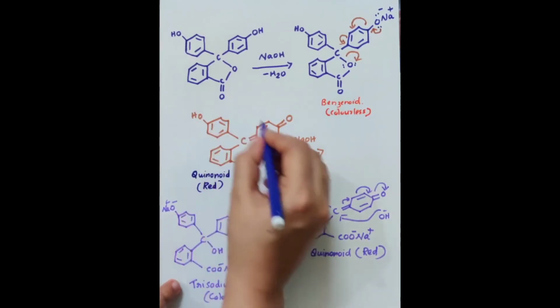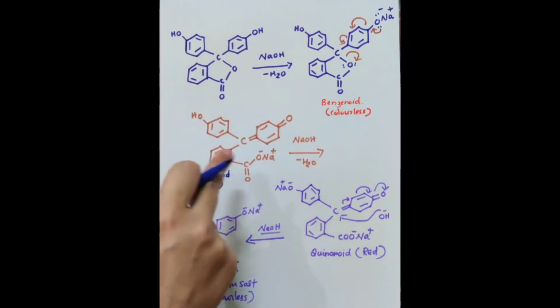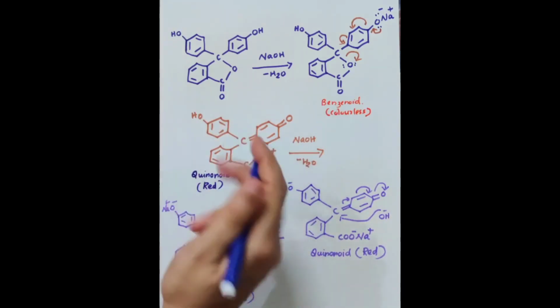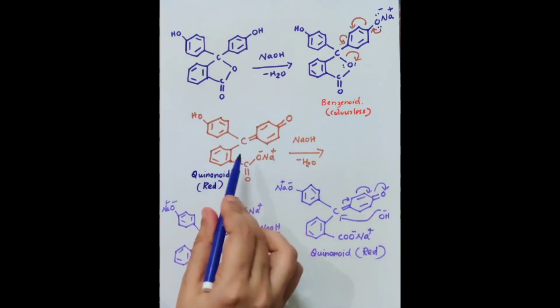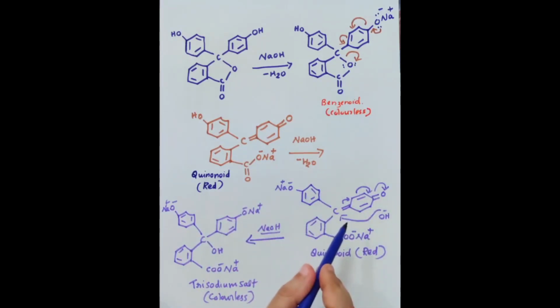After the addition of excess NaOH, it is converted into another quinonoid structure. If we add still more NaOH, sodium becomes tri-substituted, forming the trisodium salt, which is colorless. Hence, we can conclude that when we treat phenolphthalein with alkali, it first turns red, but on addition of an excess amount of alkali, it turns colorless again.